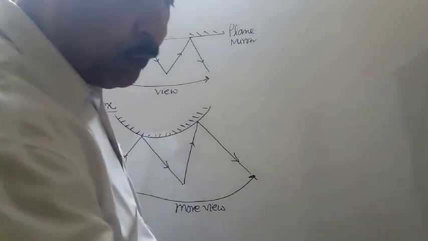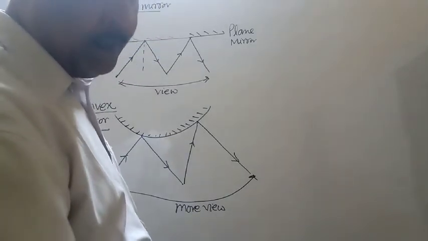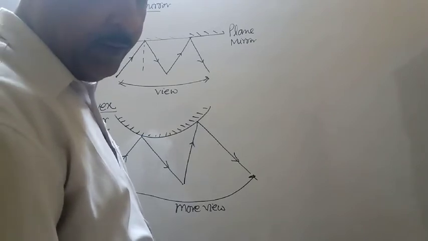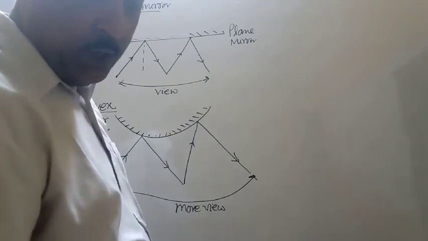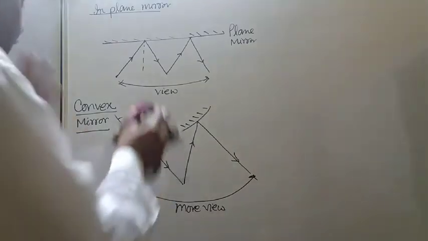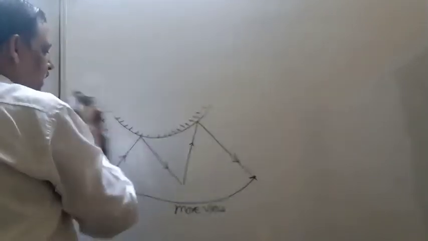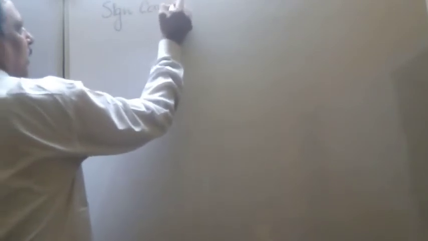Now I am coming to the next part of this mirror chapter. We will do some numericals. To solve such types of numericals, we have some conventions available with us: the sign convention.